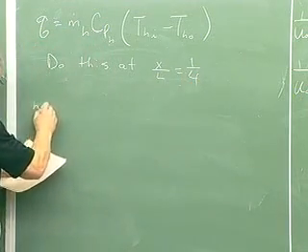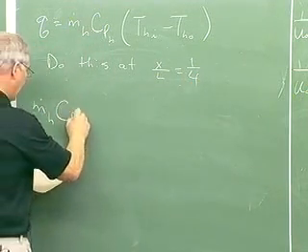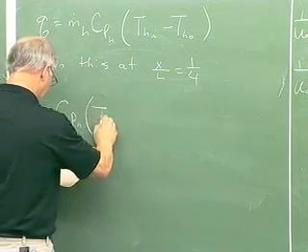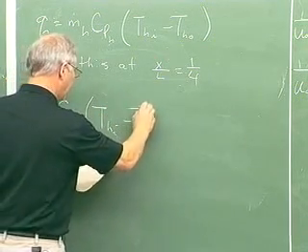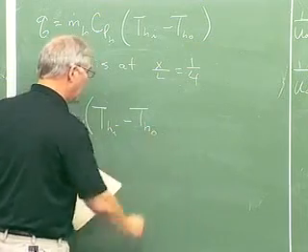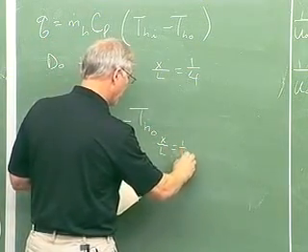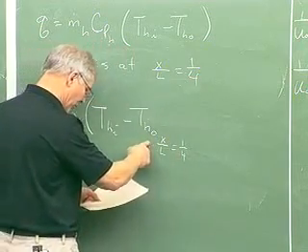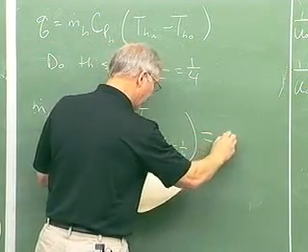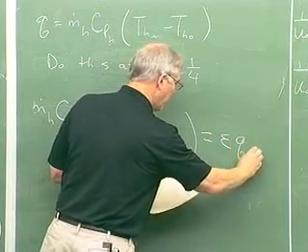We can say that m dot H times Cph times T hot in minus T hot out, and we're going to pick that at the x over L equals 1/4 point. So this will be the hot temperature at the 1/4 point. That equals epsilon times Q max.